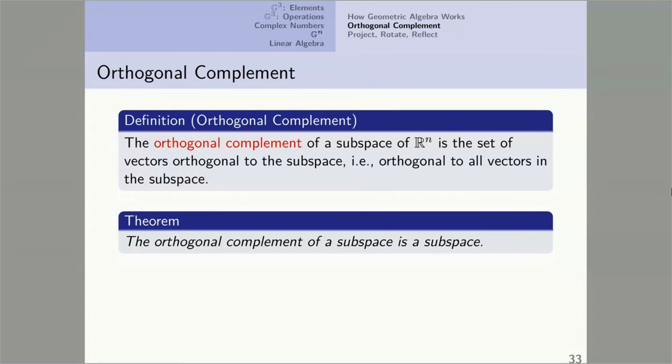The most important example occurs in R3 between a 2D subspace, a plane through the origin, and a 1D subspace, a line through the origin. The orthogonal complement of the plane is the line orthogonal to it, and vice versa.